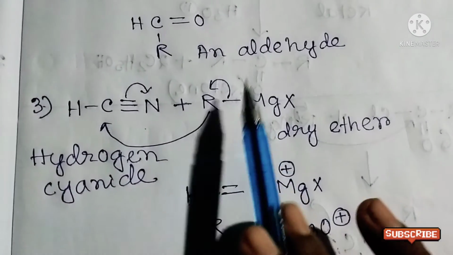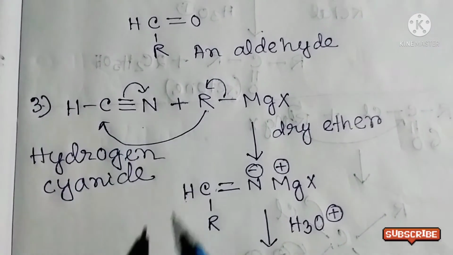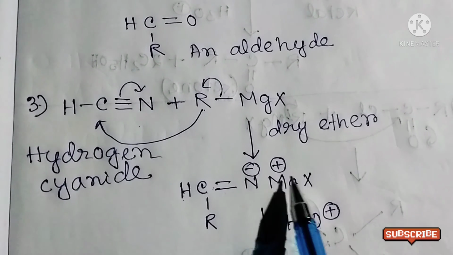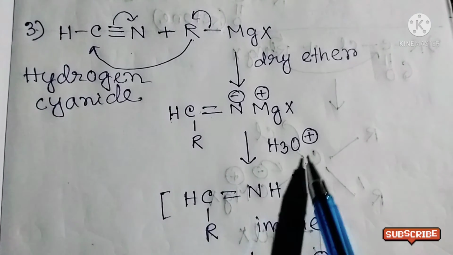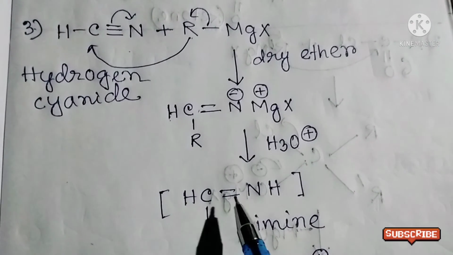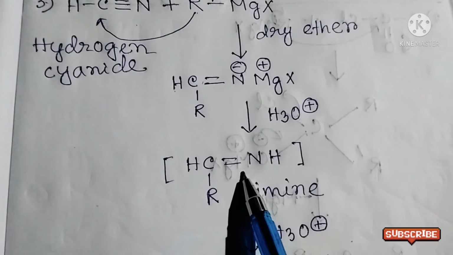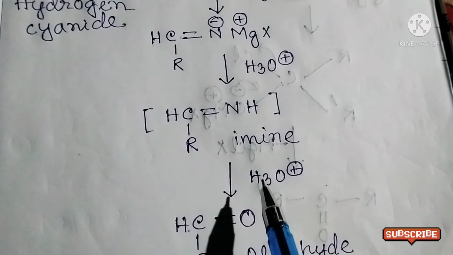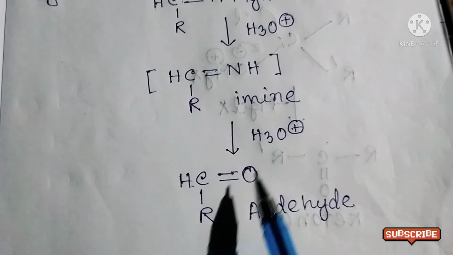Here this bond breaks, R will attack here, and this bond comes here, and we get HCR double bond N minus Mg plus X. Now when we treat this with H3O plus, we get HCR double bond NH, which is called imine. Now again, if we treat this compound with H3O plus, we get RCH double bond O, which is also an aldehyde.